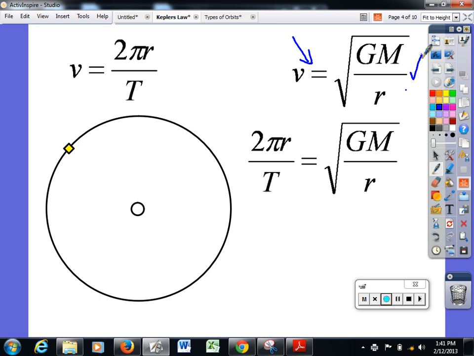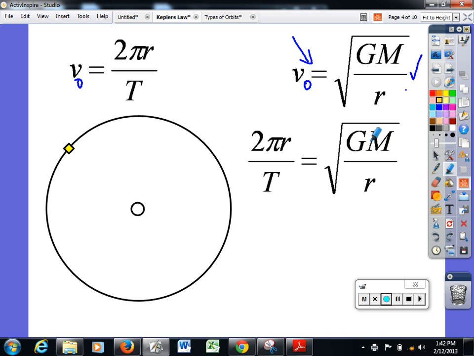So this is the orbital velocity, and we just worked out another way of working out orbital velocity is 2 pi r on T, where T is the period. If these are both orbital velocities, what must they do to each other? They equate to each other. Now, just realise what is in this formula.